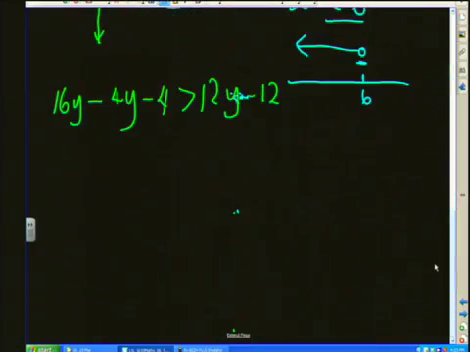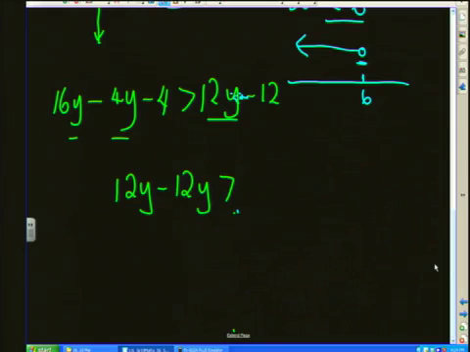All right, now that we've got it in this form, we do the same thing as we did before. We collect all of our variables onto one side. 16y minus 4y is 12y. And we're going to get minus 12y is greater than minus 12 plus 4.